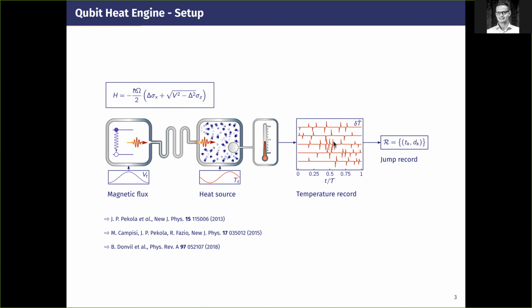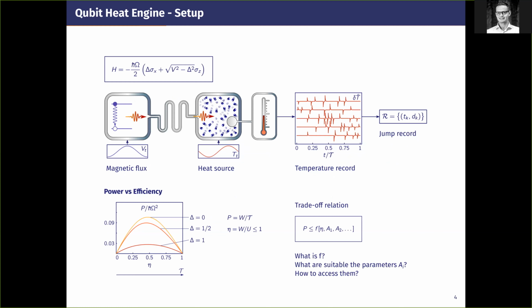I'm just mentioning 3 papers here, but this list is by no means complete. And for a more complete list of references, I would refer you to our paper. Okay, let's move on. Now, what can we say about the system from these temperature measurements?